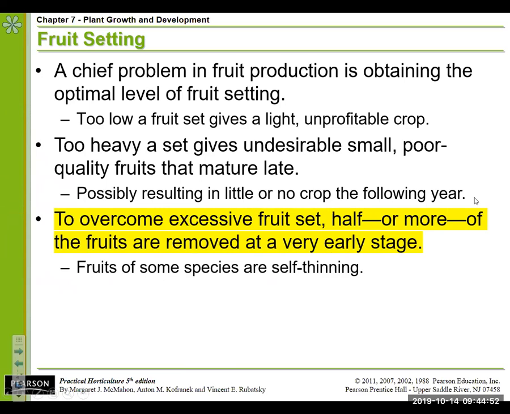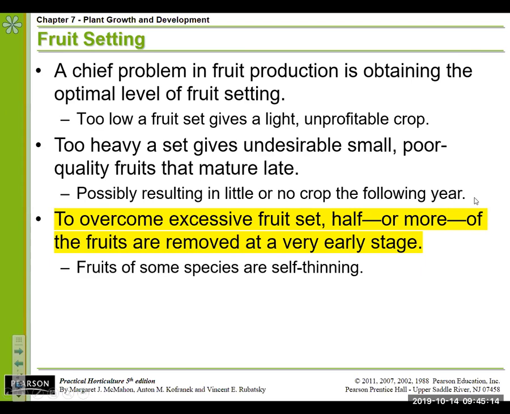So one way to overcome excessive fruit set is to do some thinning of the fruits, usually at a very early stage, after pollination and fertilization, but before that energy is put into developing those fruits and making them larger.